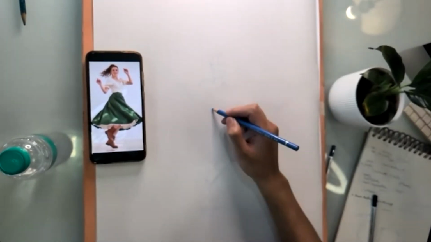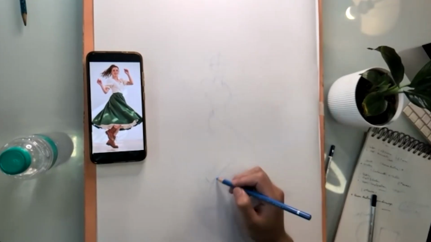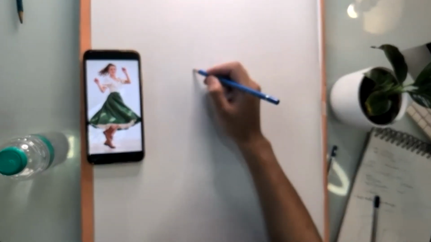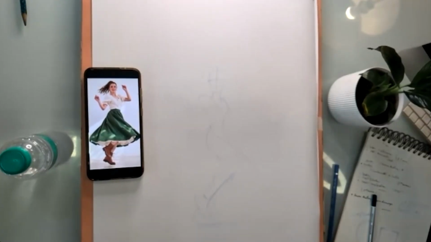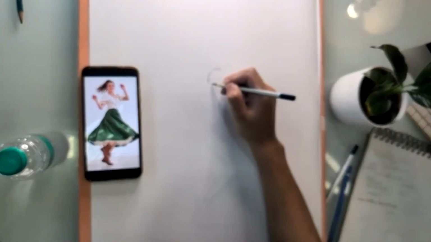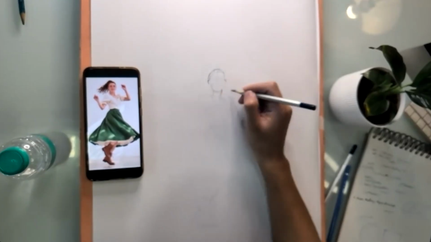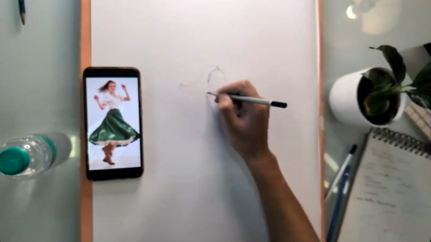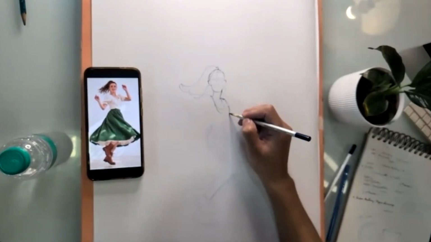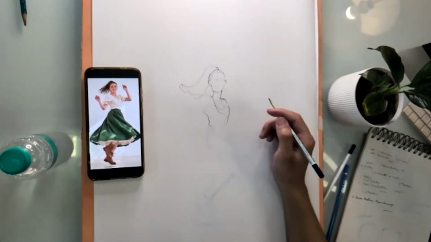So here. So here's my rough layout. See, when you have the structure, the whole structure, it's so much easier.